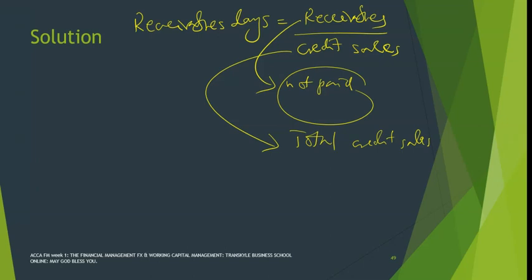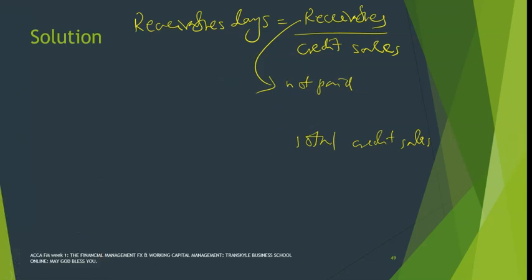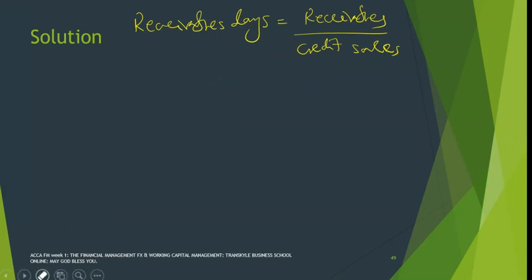Receivables are credit sales which are not yet paid, over the total credit sales during the year. I hope this explanation is not confusing somebody. Okay, multiply. So receivables over credit sales multiplied by 365 days.